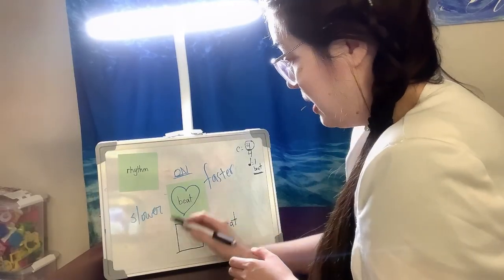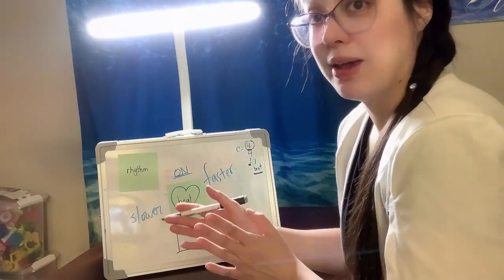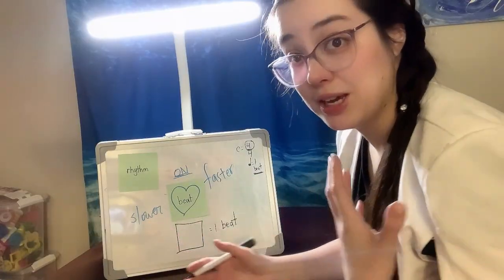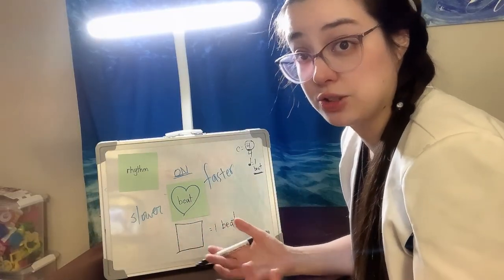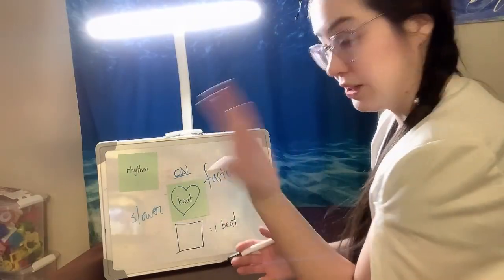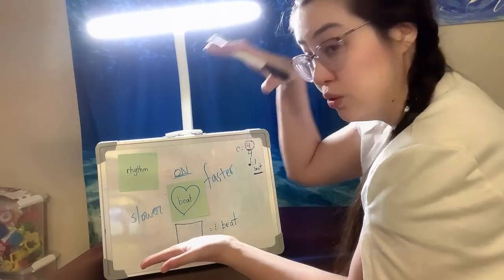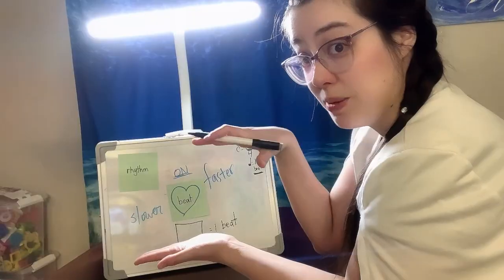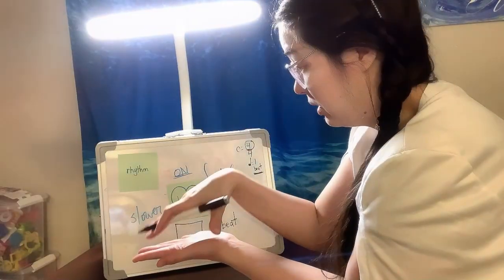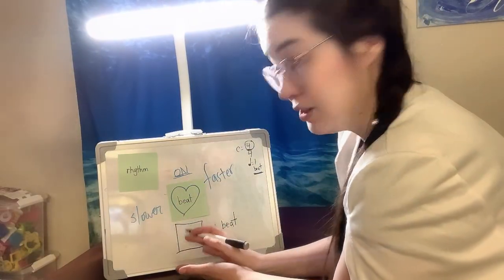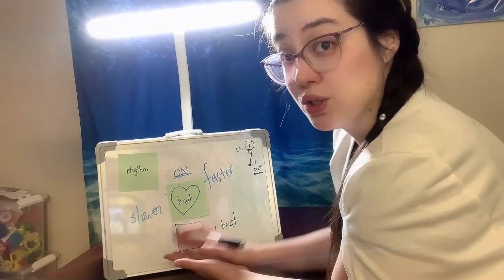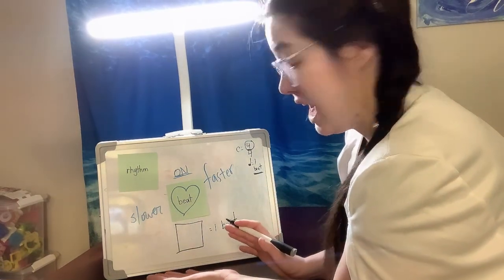So a beat can be faster or slower, right? We can clap or stomp or sing or play or move faster or slower. That's our plate. And then we're going to put the food on top of the plate. We're going to put the rhythm on top of the beat. So we can have something that fits onto this plate, or we can have so much food that it spills out onto other plates.